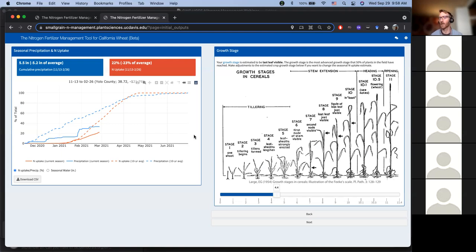If you want to put 60 pounds of N down, then you would divide it by 0.46, and that would give you a bigger number, which would be your fertilizer. That's your pounds of urea that you apply.